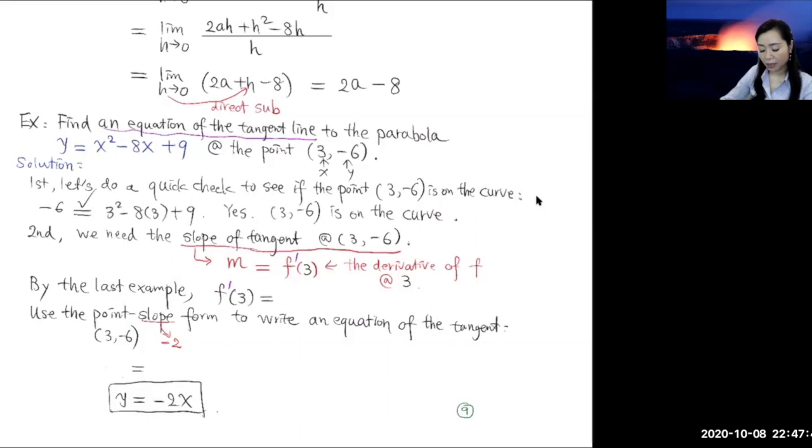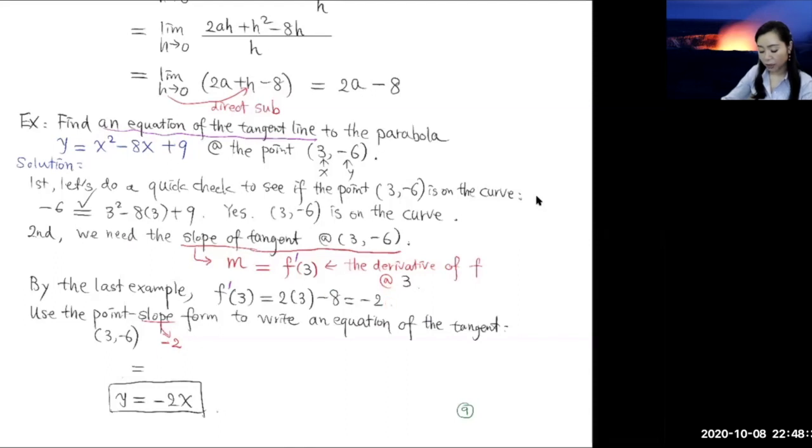Second, we need the slope of the tangent in order to write the equation of the tangent line. The slope of the tangent, remember, is equal to the derivative of the function at this A, which is 3. So that's equal to f prime of 3. We just calculated that f prime of A is equal to 2A minus 8, so we substitute 3 into A. That will be 2 times 3 minus 8, which equals negative 2.